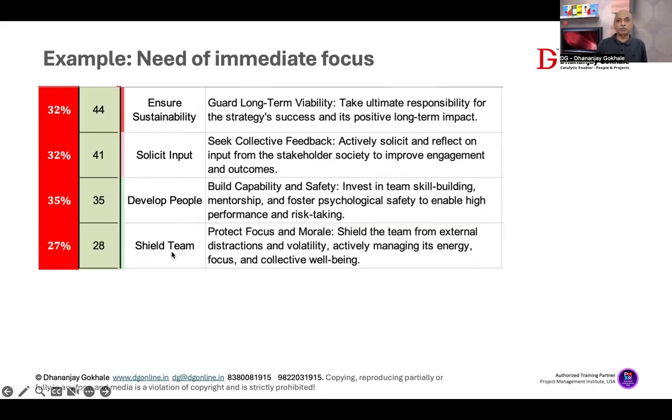I know there are two people who are amazingly competent. However, collectively, these 12 people score 27%. So, immediate coaching is needed in these four competencies: ability to shield the team from external distractions and volatility, actively managing the team's energy, and focusing on collective well-being. We have to work on this.